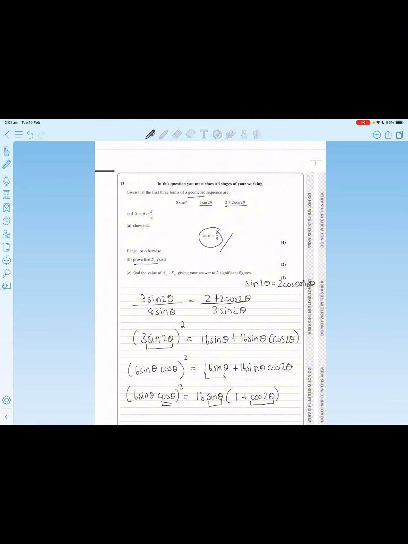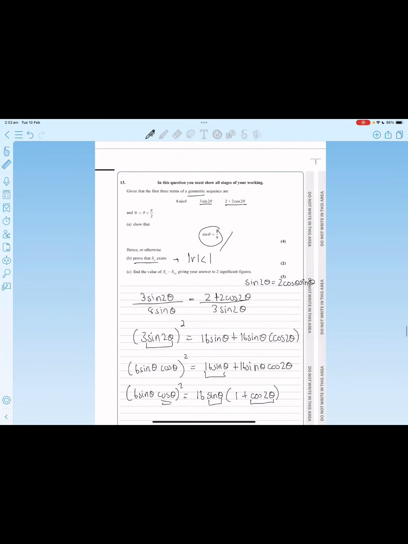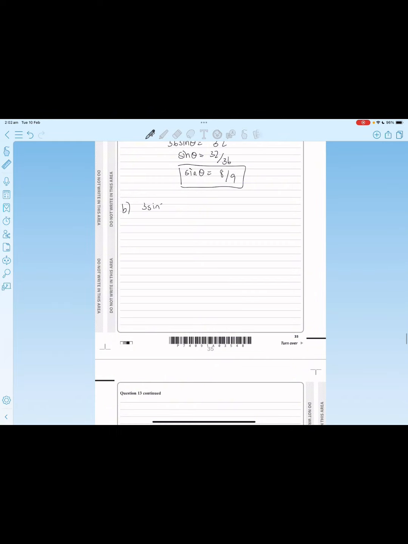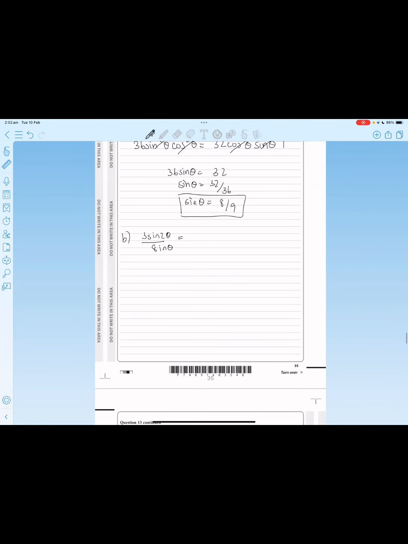Part B says prove that the sum to infinity exists. For the sum to infinity to exist, the modulus of R must be less than 1. So you can just prove what the modulus of R is, the ratio. So do 3 sine 2 theta divided by 8 sine theta. And essentially, you're just left with 6 sine theta cos theta divided by 8 sine theta. So the sine thetas cancel out.